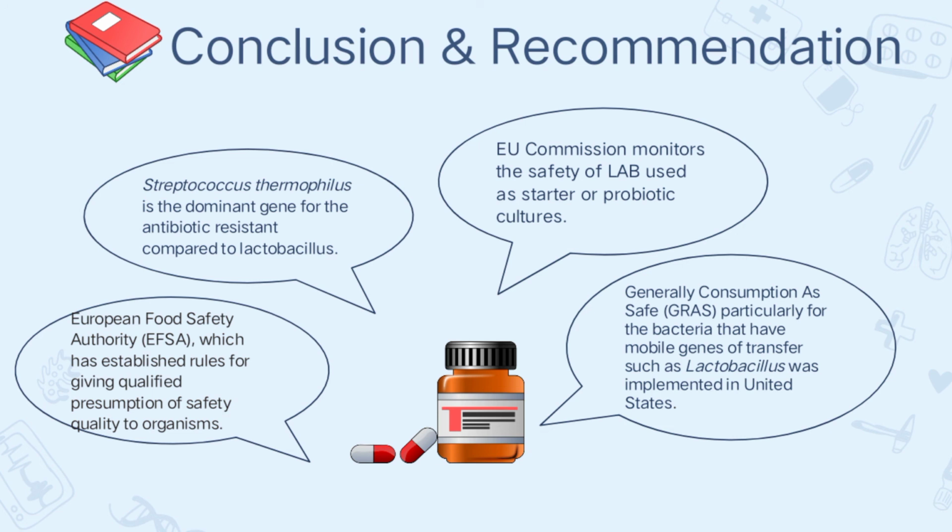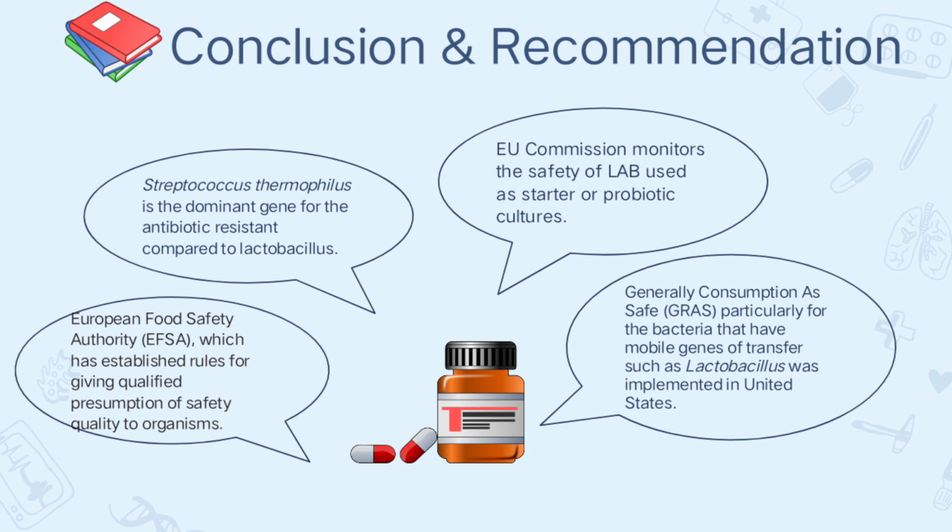The spread of antibiotic resistance genes puts the GRAS category in a different light, particularly for bacteria that have mobile gene transfer, such as Lactobacillus, because there are still no guidelines in the United States that address these types of resistance in food processing microorganisms.